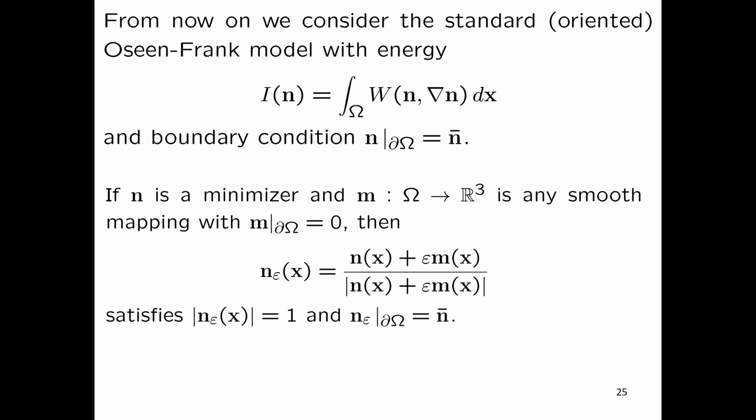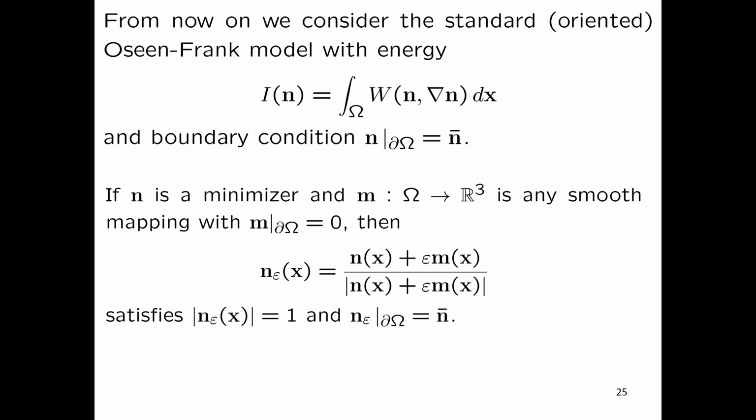So a smooth vector field m which is 0 on the boundary. And then I look at n(x) plus epsilon m(x) divided by its norm. So that's a unit vector field, and on the boundary, it is equal to n of x.